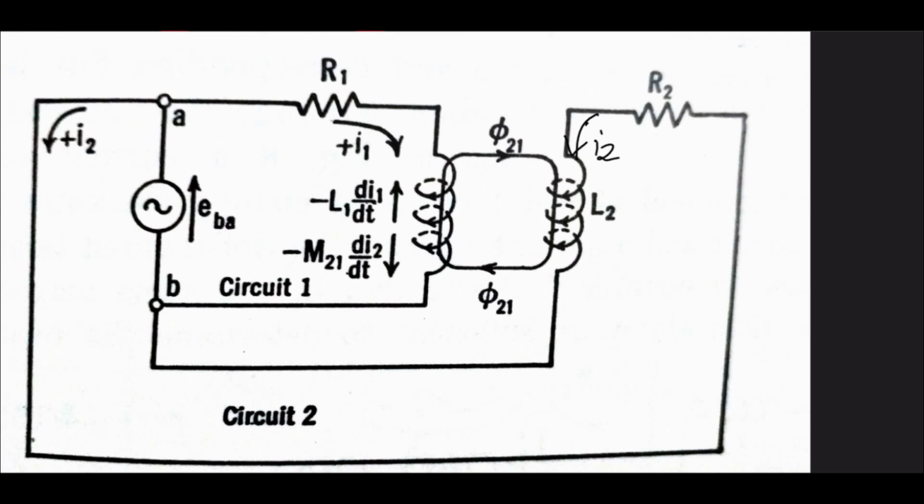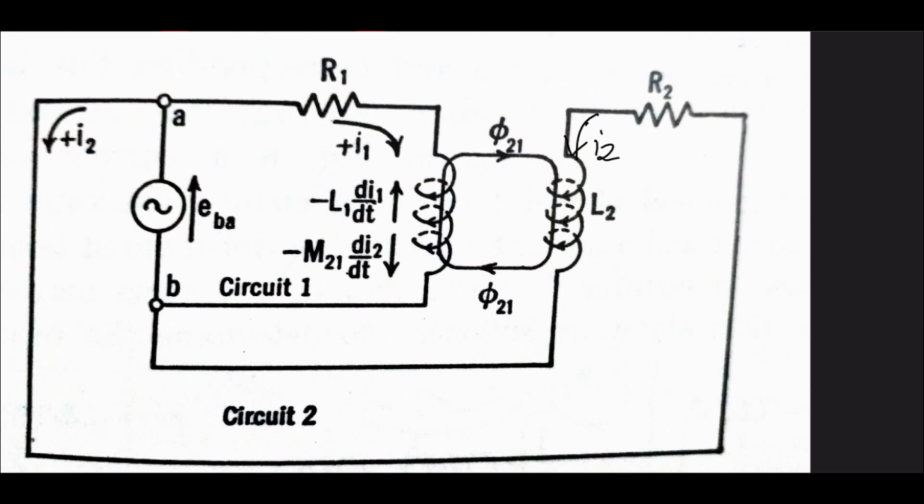Now here what we can see is that if we change the direction of the winding, like here we know the Ampere thumb rule for finding out the direction of the magnetic field intensity produced by a current carrying conductor.